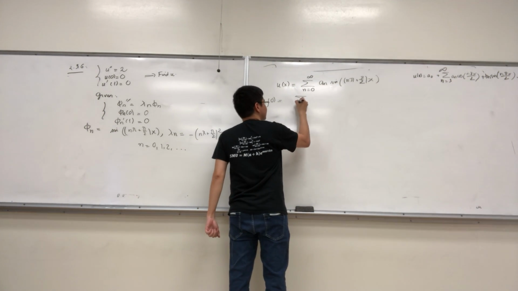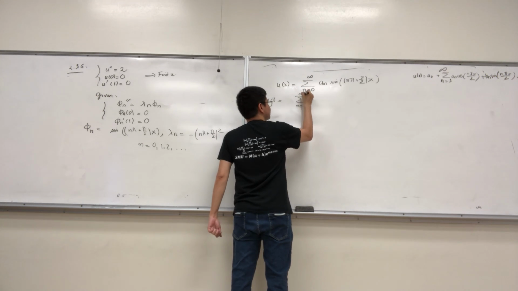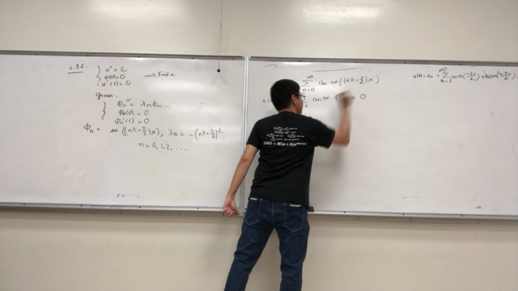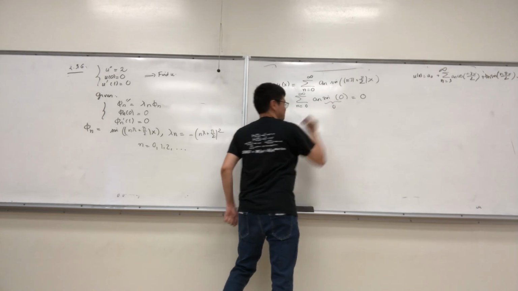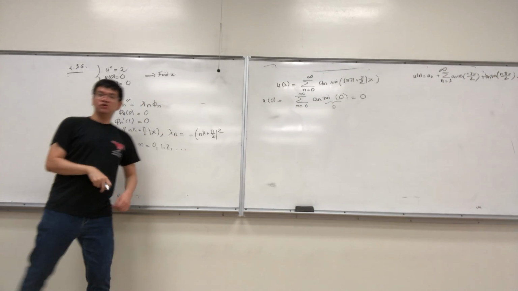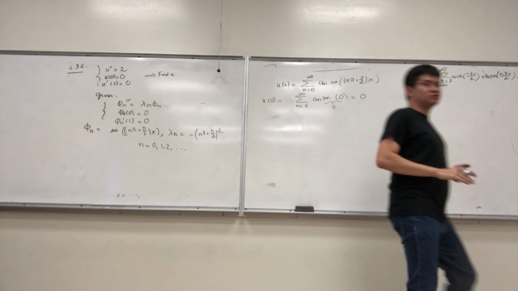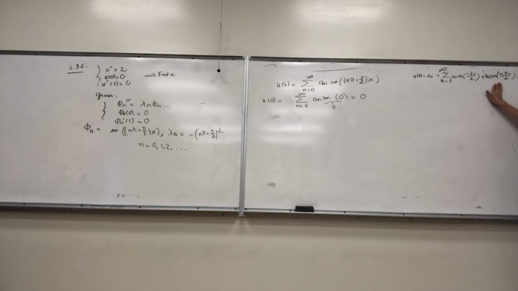So n is going to be 0, and sine of 0 is going to give me 0, because sine of 0 is 0, right?